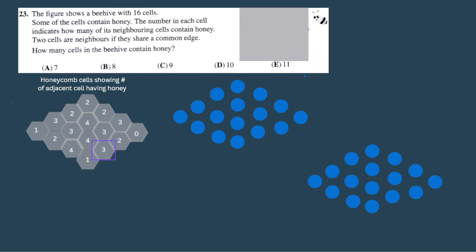So what is given there is the number of adjacent cells that have honey in them, right? So I'm going to redraw this grid to show the number of adjacent cells that do not have honey.